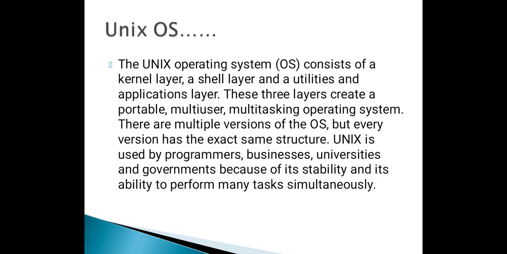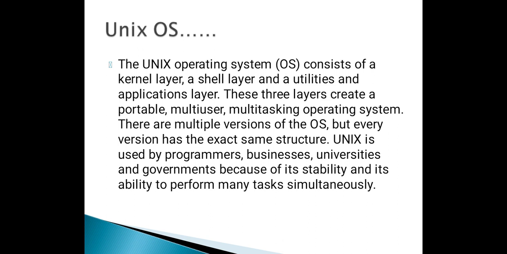Next, we are going to concentrate on the Unix operating system and its introduction. The Unix operating system consists of various layers: the kernel layer, the shell layer, and then the utilities and application layer.